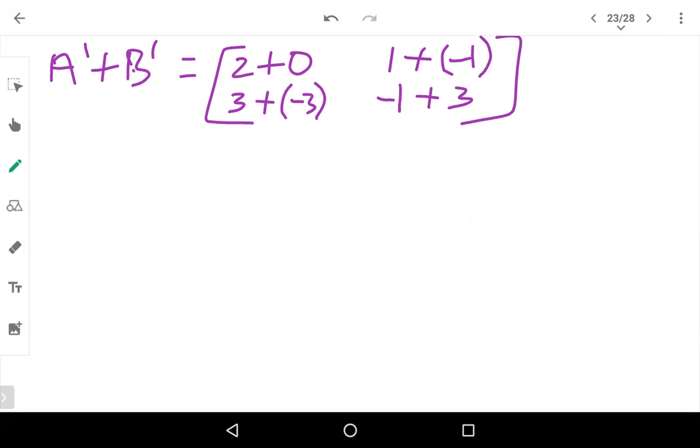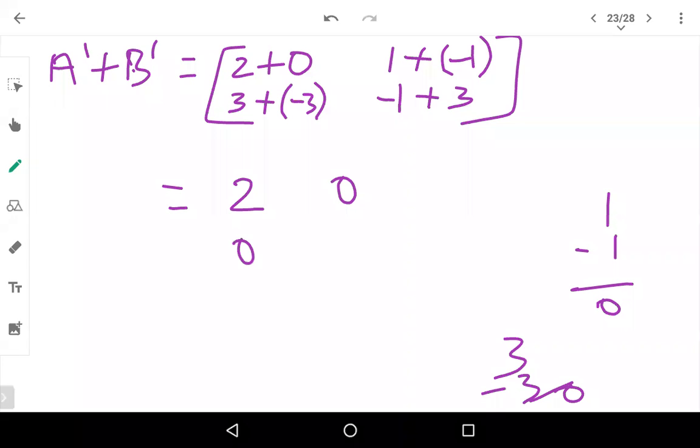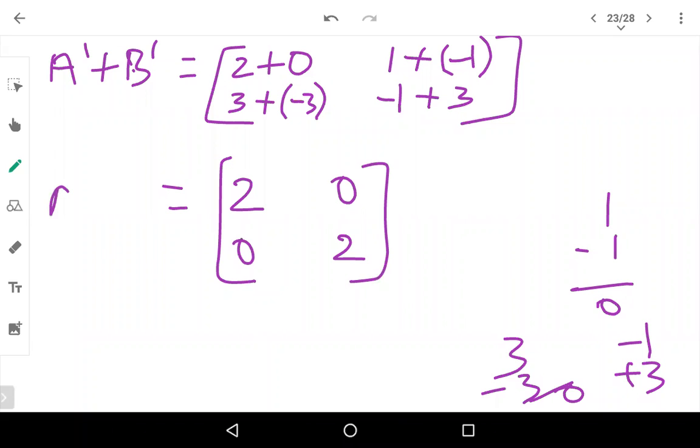Yeah, correct, Ashishwani. So 2 plus 0 is 2, 1 minus 1 is 0, so you'll have 0 here. 3 plus of minus 3, 3 minus 3 is again 0. Minus 1 plus 3, you will get plus 2. So this is the matrix for A transpose plus B transpose.